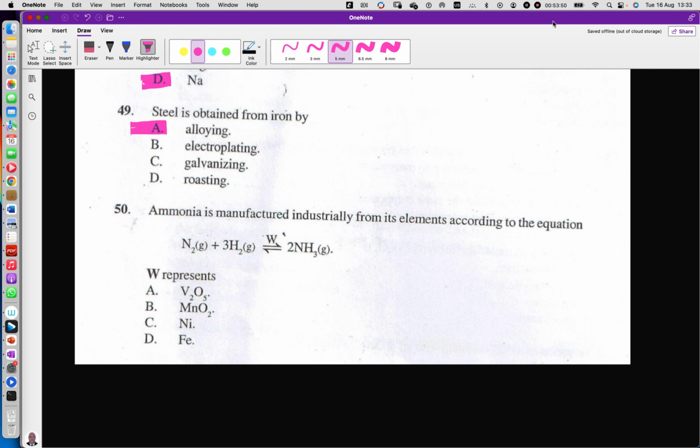We call it finely divided iron. It is used as a catalyst at about 450 degrees Celsius, at a pressure of, I think, 1 to 2 atmospheres. So finely divided iron is the catalyst being used, and since D is iron, D is our appropriate answer.